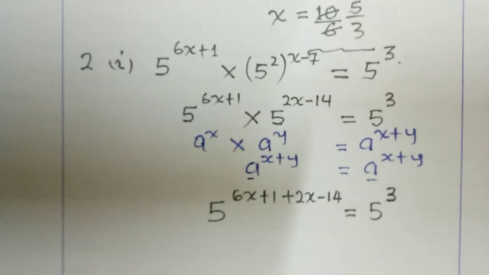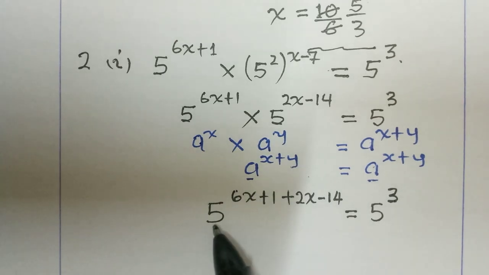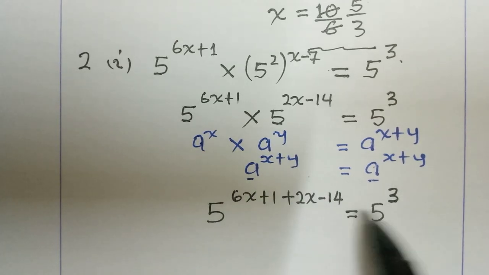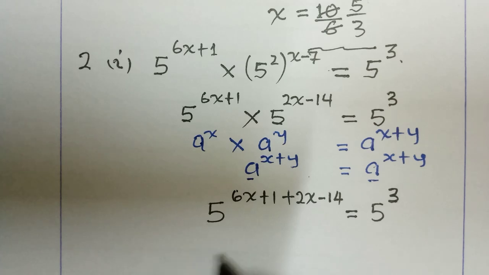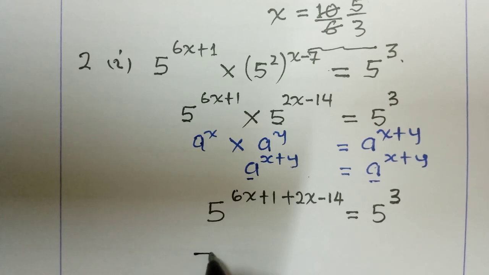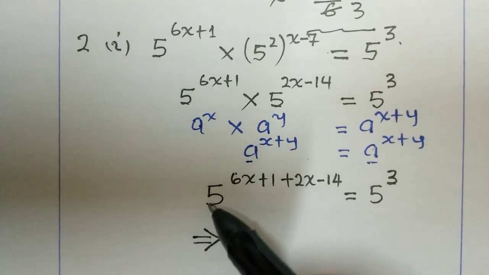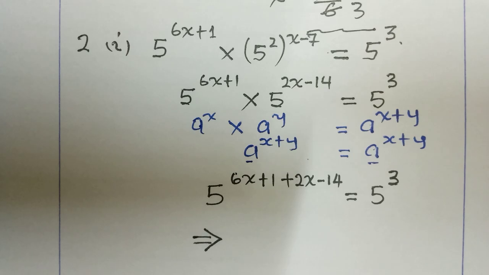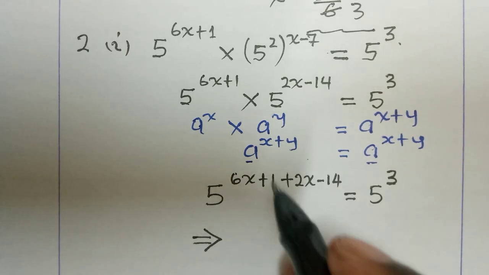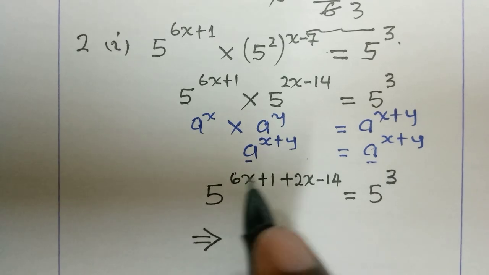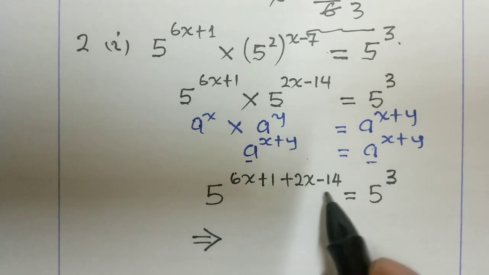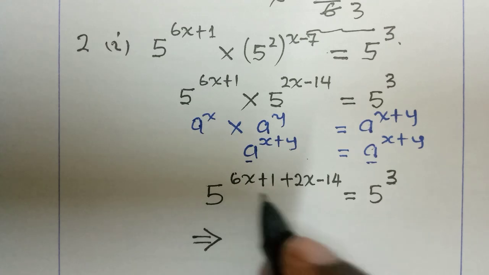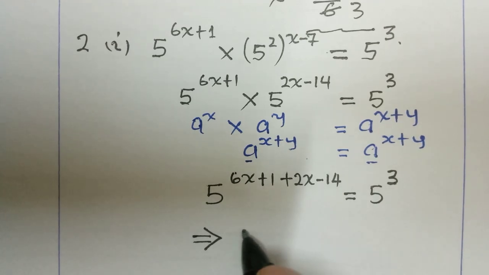So as we have said, since the bases are the same, even the powers would still be the same. And so therefore, guys, we will now remain with, and maybe guys, I can also tell you something. You do not cancel the base. Never cancel the base, just leave it the way it is for certain reasons. And so guys, you come here and now write 6x plus 1 plus 2x minus 14. That gives us 6x plus 2x is 8x.